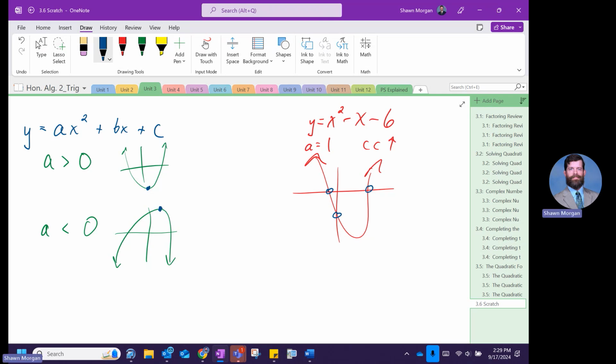Chase says a solution? If you use the word solution, you're probably talking about our roots, our x-intercepts, our zeros, our solutions. But let's go back to this notion of the lowest of the low or the highest of the high. In calculus, we would call these extreme values, or the plural form, extrema. These are extrema.